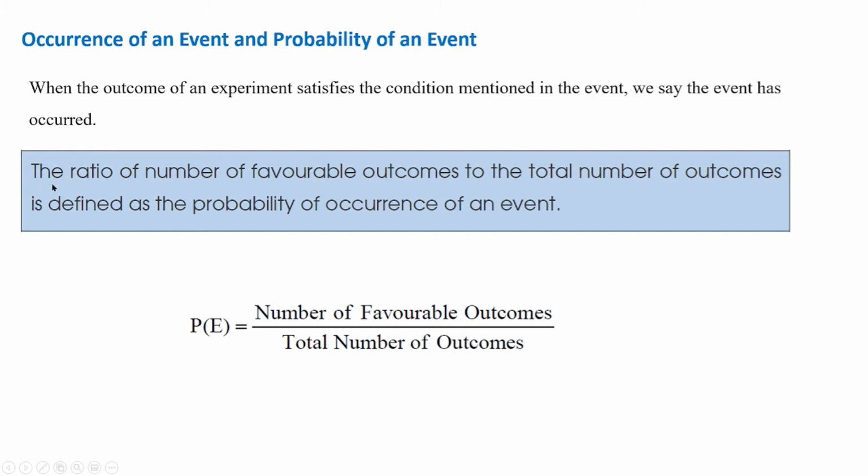And now, what is probability? Basically, probability is a measure of uncertainty. And there is a way to calculate this probability in a random experiment.